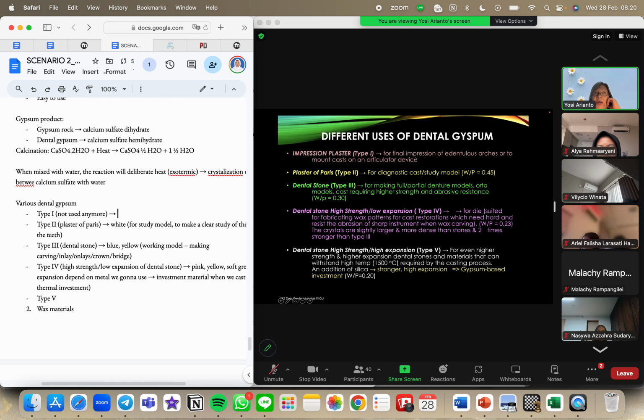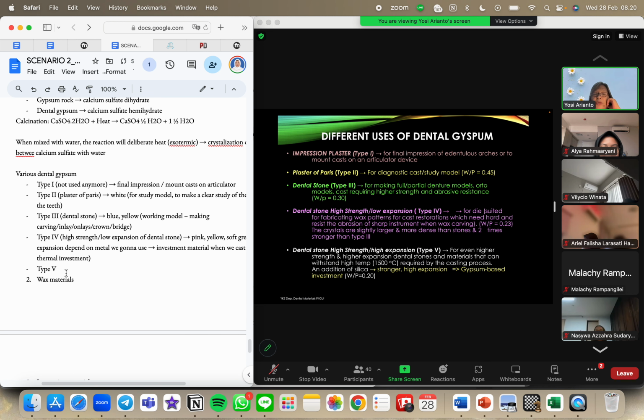It's very like the mixture of gypsum, and then we put it in the custom tray, and then we do the impression to the mouth. But the impression plaster is not very easy to use, and it's quite brittle.